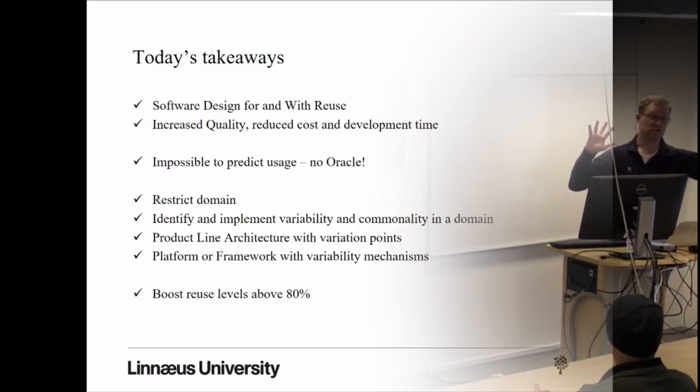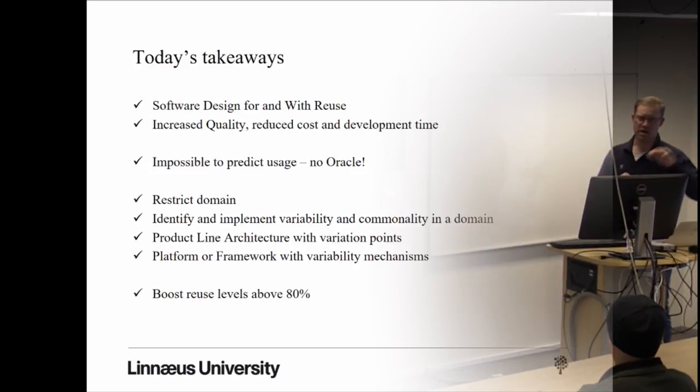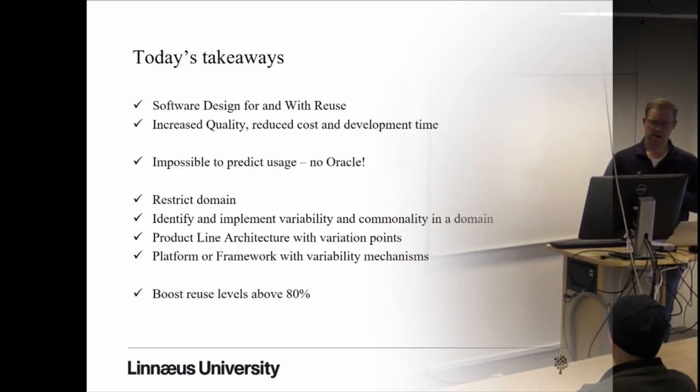Because within a restricted domain, like a product range, it will be easier to predict. It will be easier to come up with good abstractions and to classify them in a way that they are easy to find.